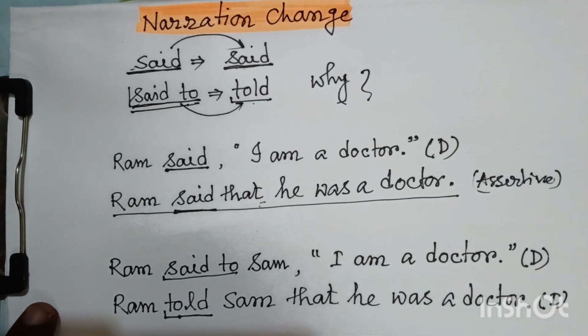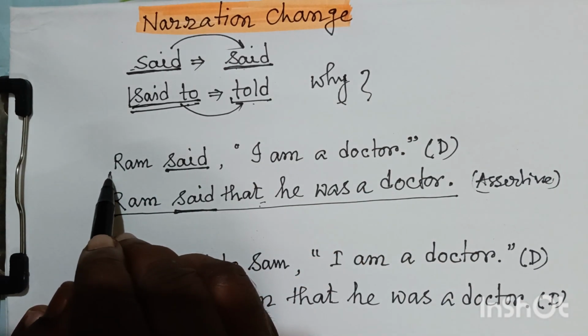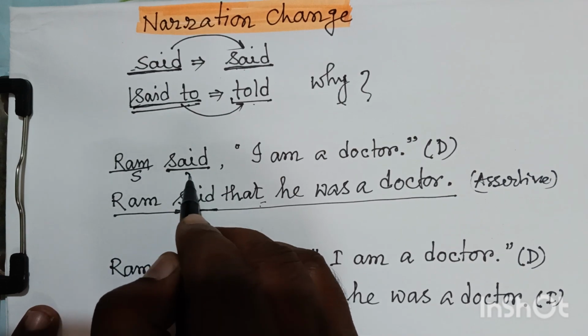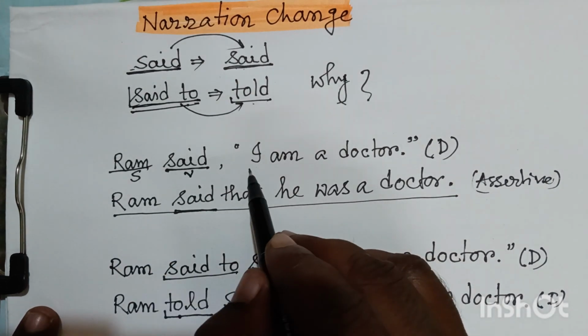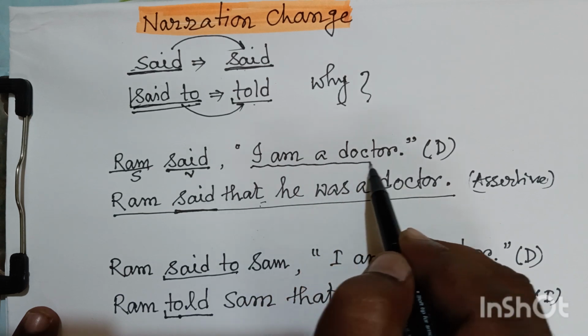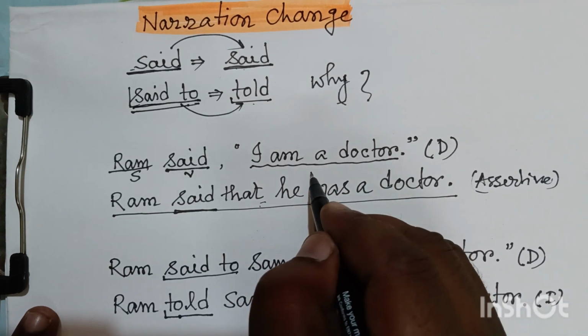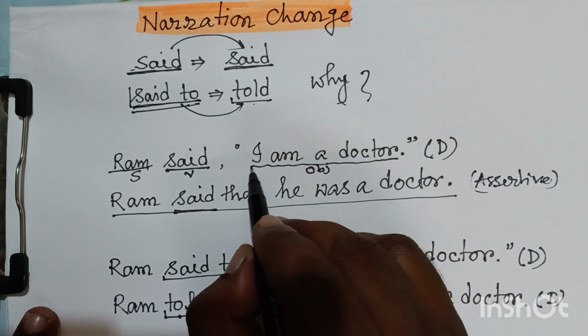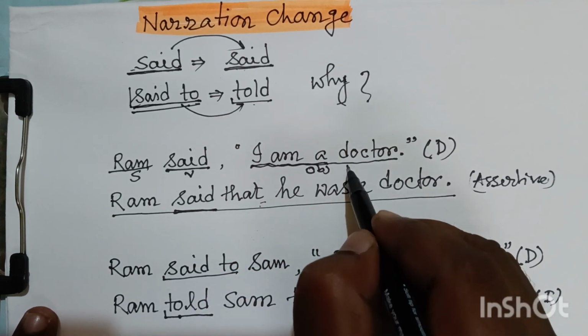Now look at this. Here, in direct speech, the subject is Ram, said is the verb, and this entire clause, it is the object. As it is a clause, it is called a noun clause.